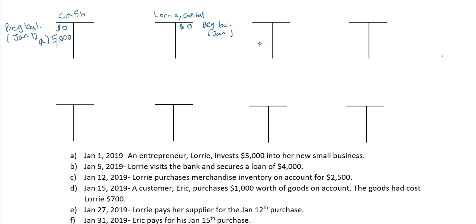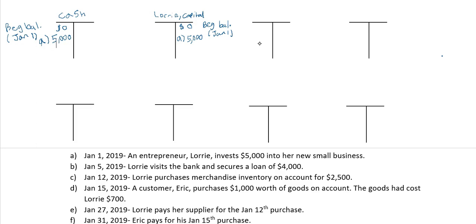Now that we've done that, we can make the credit entry for transaction A, which is $5,000 under Lori Capital. So that's quite straightforward. We're done A. Now let's look at B.